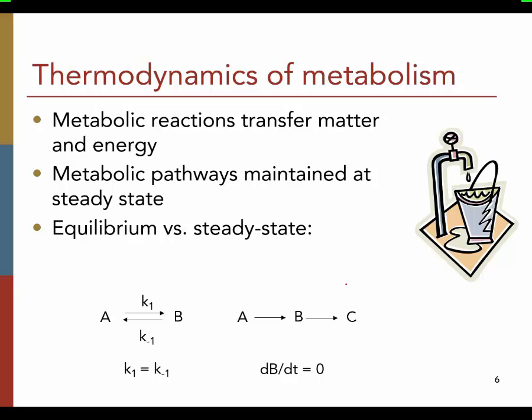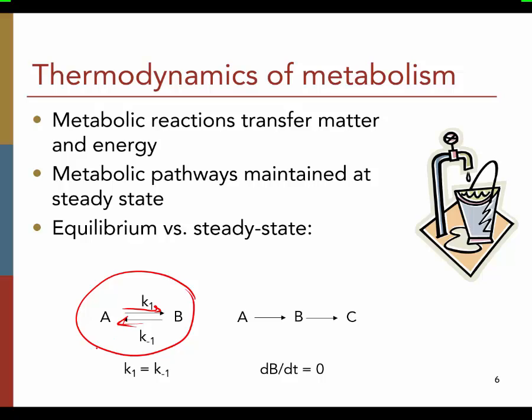So these metabolic reactions interconvert matter and energy. Something to think about is that these pathways are maintained at steady state. Remember we talked about the steady state assumption in enzyme kinetics. It's not exactly the same kind of steady state, but kind of. And if we have a reaction at equilibrium, that means that the forward and reverse rates are the same.